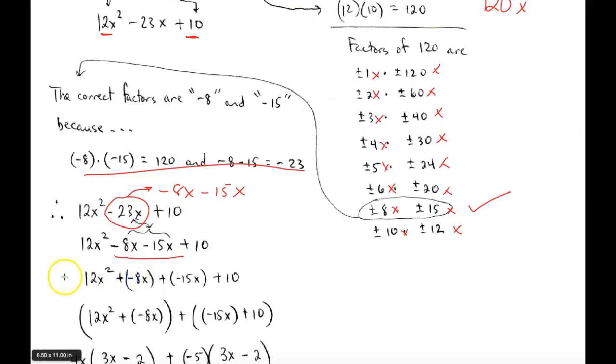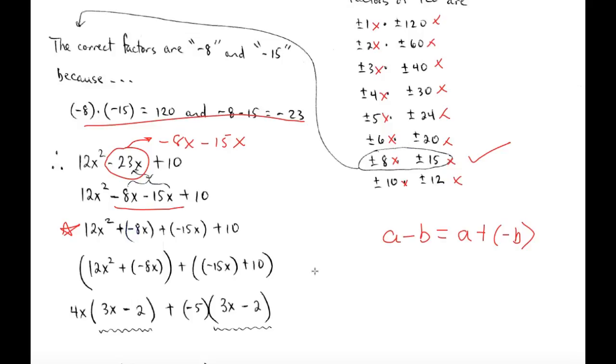And so one extra step that I do right here, just to make sure that I don't mess up the signage of anything before I start doing my factoring, is I change all of my subtraction signs to plus a negative using the definition of subtraction. Okay. And so some of you may not need to do this. I know for me, I do. So that's why I do that, just to make sure that I have no issues when it comes to signs.